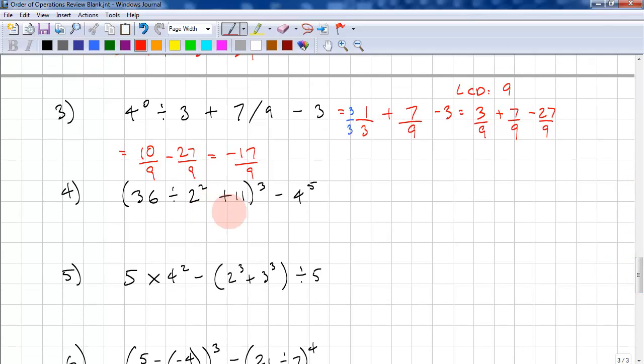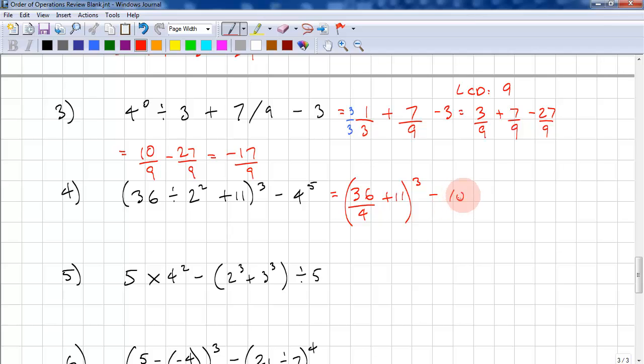Okay, for this problem, we have brackets here, so we have to do BEDMAS inside the brackets now. We have an exponent, so we need to do that. 36 over 4 plus 11, and we have brackets, and it's cubed minus 4 to the power of 5. We can evaluate that now because it's its own term.